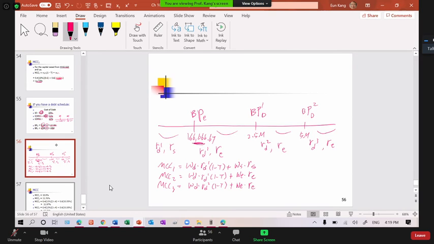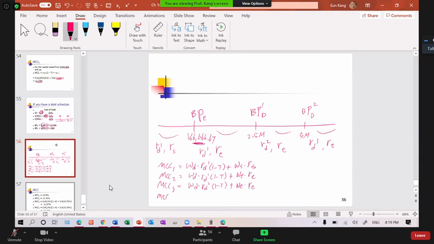Of course, sometimes the breakpoint could be both D and E. It's a possibility, depending on the numbers. Then after that breakpoint, both cost of debt and cost of equity change. But for this example, the equity breakpoint and debt breakpoints are different, so at that breakpoint only the cost of debt changes.